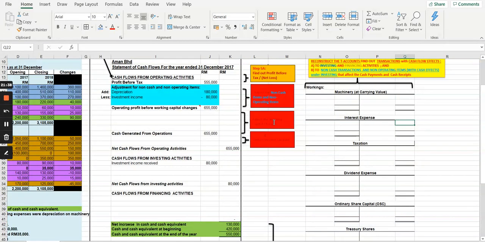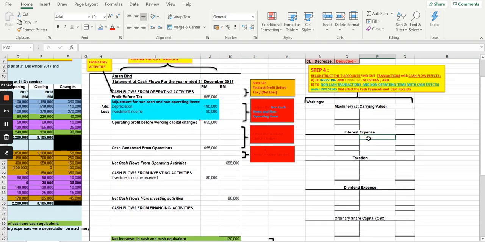I've done some reconstruction of the T account, which is step 4. First put the balance brought down. Do you have any balance brought down? No, you don't have any. I put 0 here.